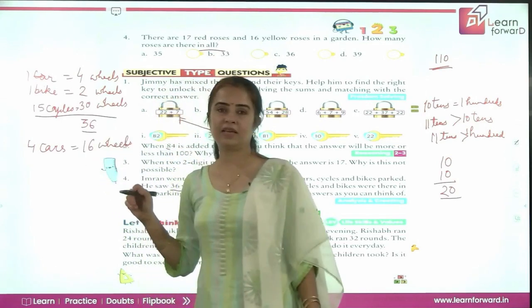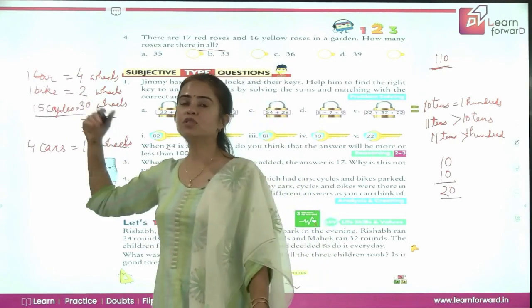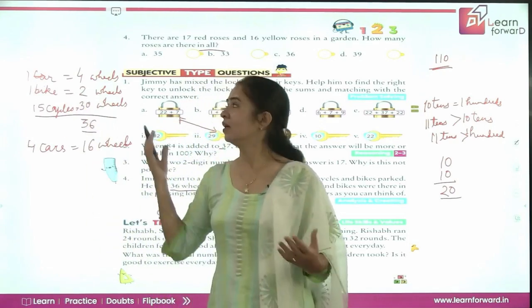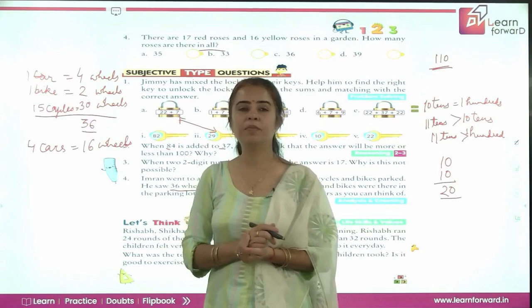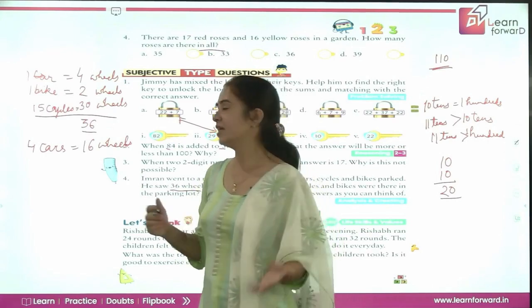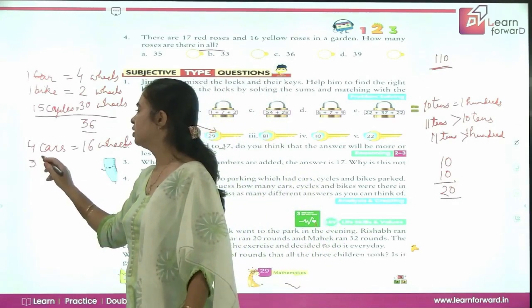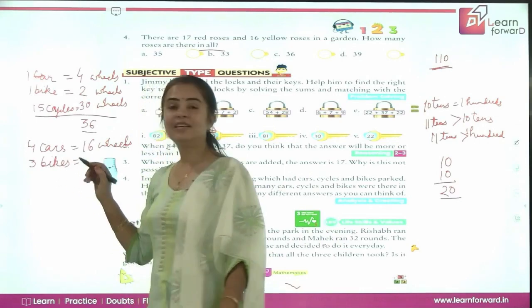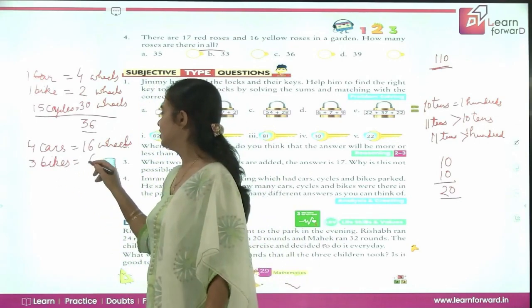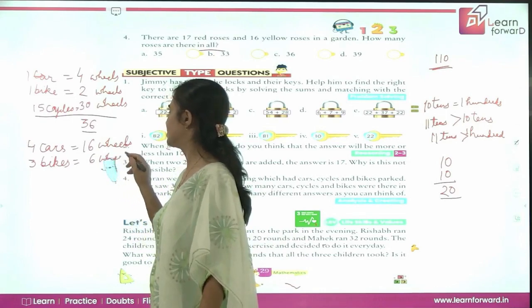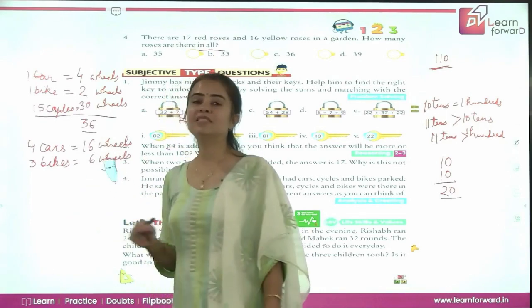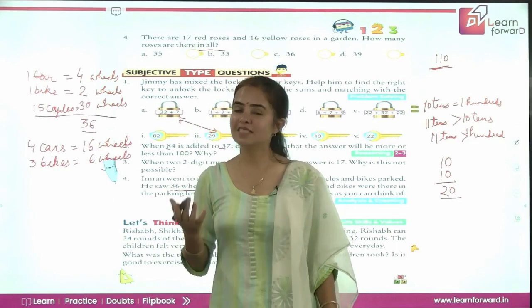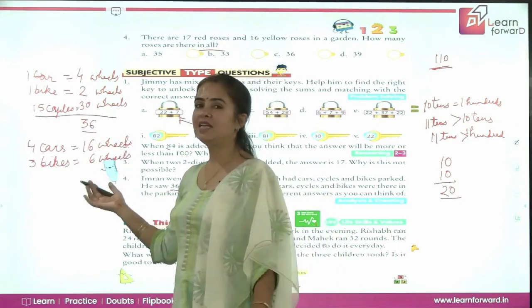This is another example we are taking. Suppose you have another like 2 or 3 bikes. What number do you want to take? Okay, let's take 3 bikes. So, for 3 bikes, how many wheels are there? 3 2s are 6. Good answer. You have got 6 wheels. Now, 16 plus 6 is how much? 16 plus 6 is 22. Good.